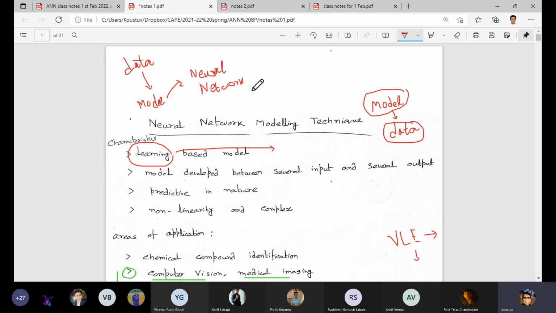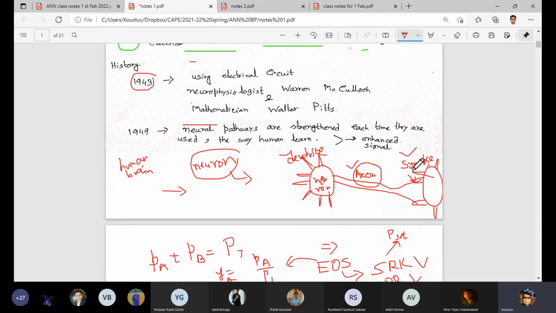Generally the inspiration comes from our human brain, where several neurons are interconnected with each other. We have some biological idea that a neuron sends a signal to another neuron or cell via the axon. This axon, we will see, resembles the weights of the neuron.